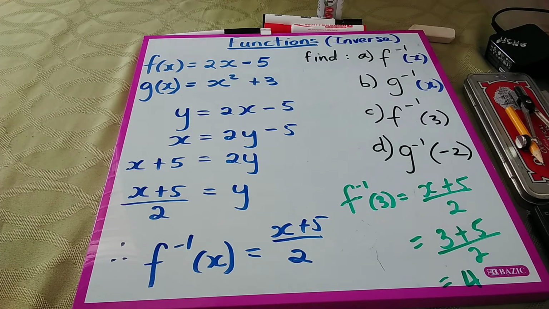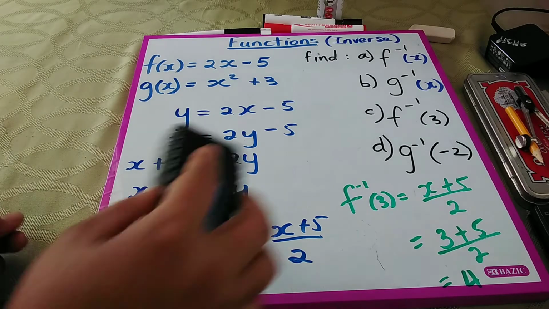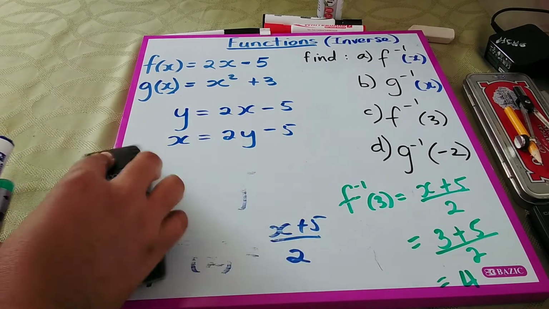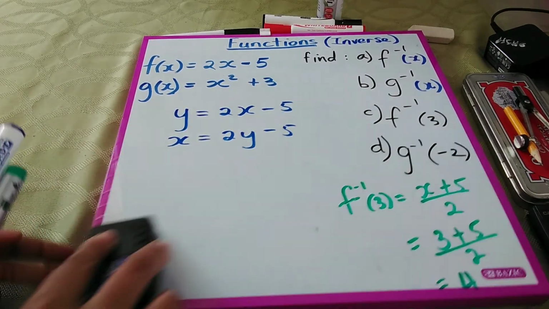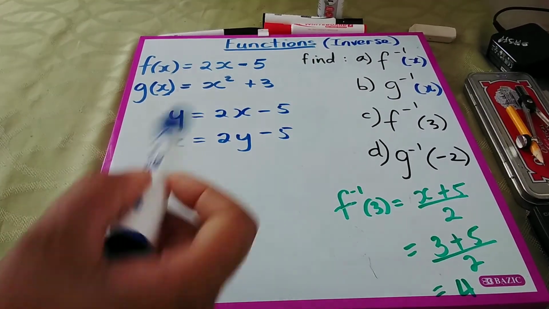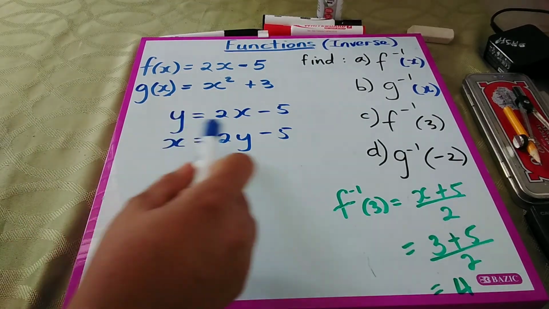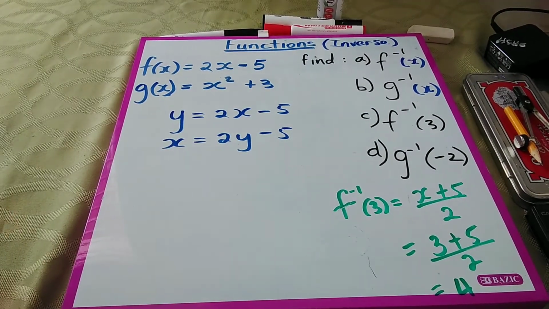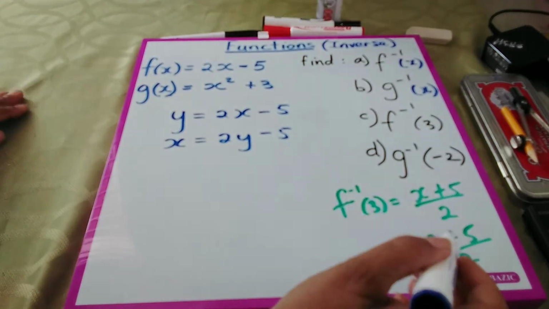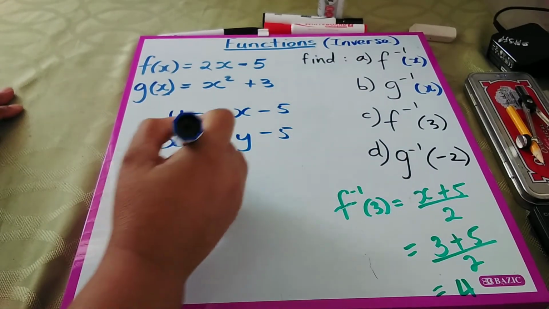The other way is you do the first two steps. When we let f of x be y, and then we interchange x and y, then we can substitute the value of 3 in x.